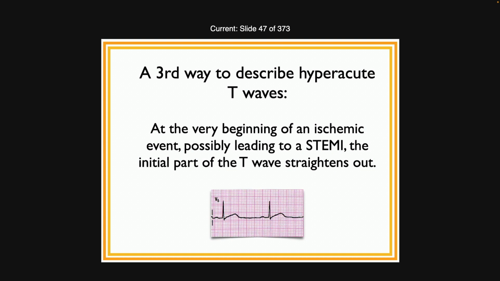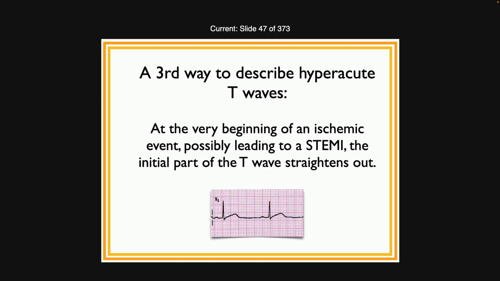Let's keep looking here. So it's very hard here. We keep seeing this over and over again. When we first started off in the fall, we said, here's the ST segment, here's the J point, here's the ST segment, here's the T wave, right? And we've seen plenty of ECGs like that.